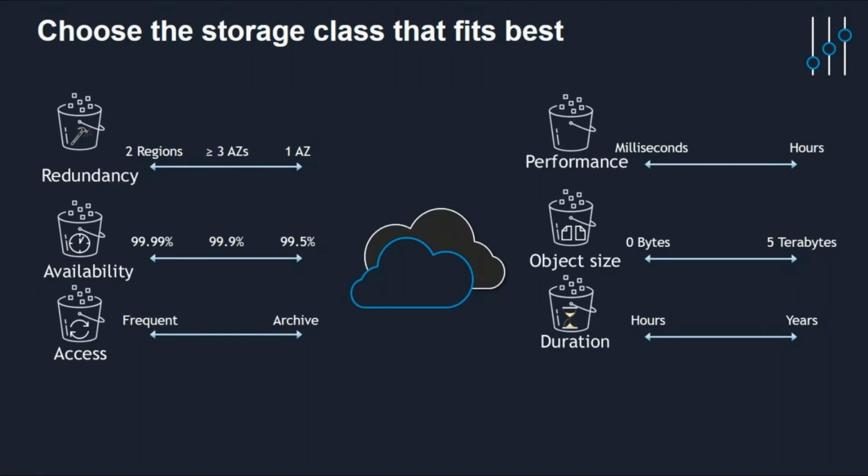That means that for every 10 million objects, you can expect to lose on average a single object every 10,000 years. So there's a lot in that, but think about what that means. It means the likelihood of losing the data is very, very low, and durability is central to what we do with our data, meaning preserving it so we can use it going forward.